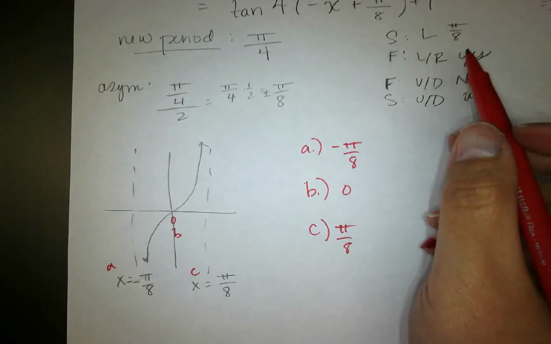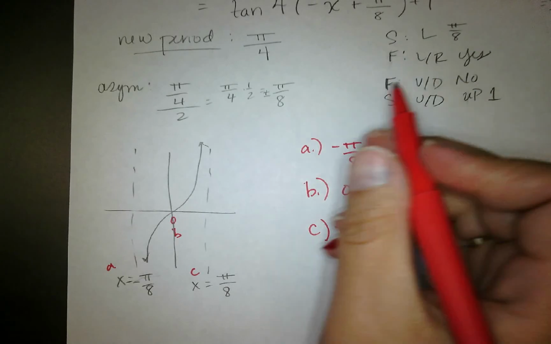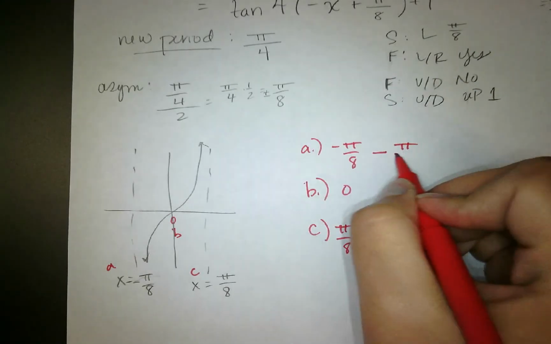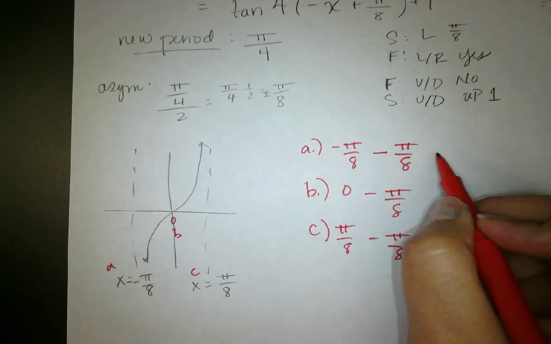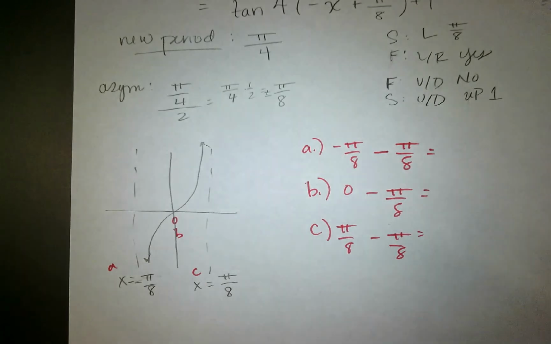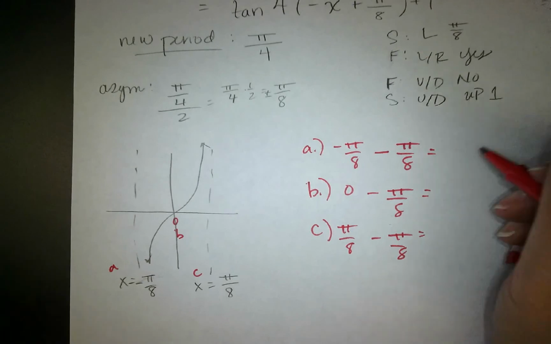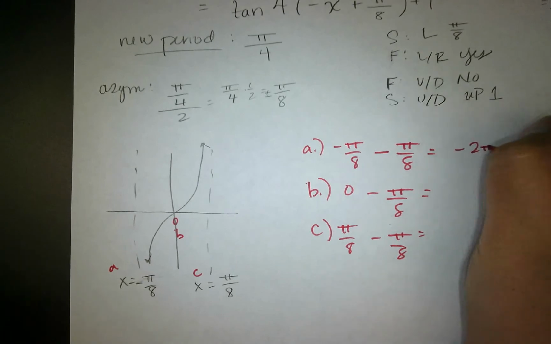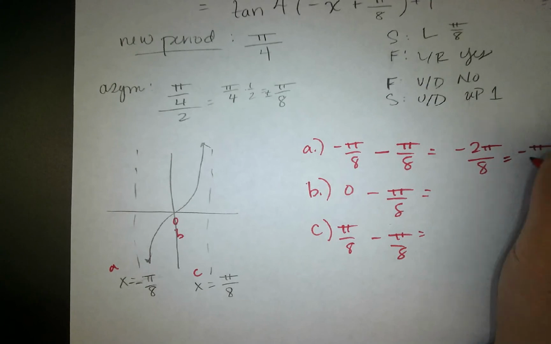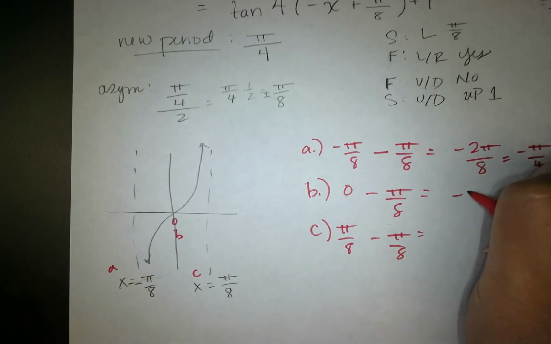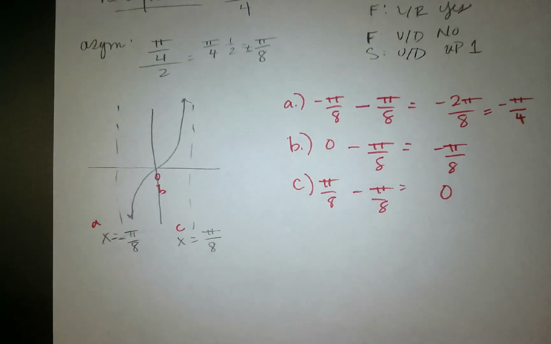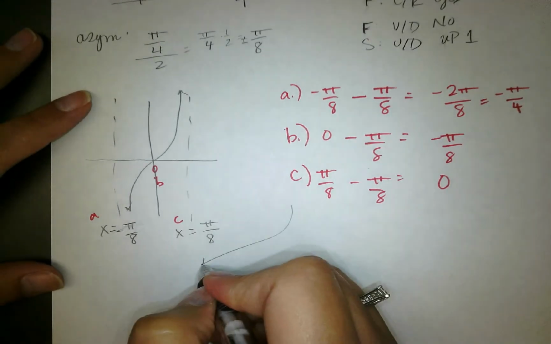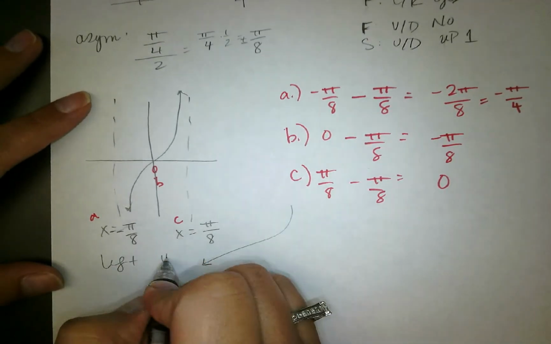And then we're going to go left. Okay, so left is minus pi over 8. So negative pi over 8, but that's negative 2 pi over 8, or negative pi over 4, that's up to you how you want to write it. That's negative pi over 8, and that's 0. So let's shift it. So left pi over 8.